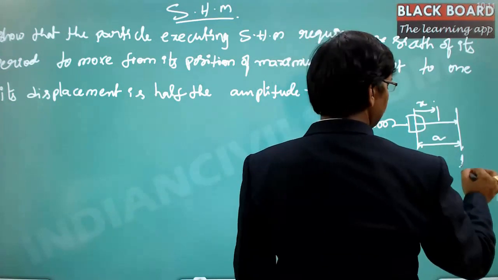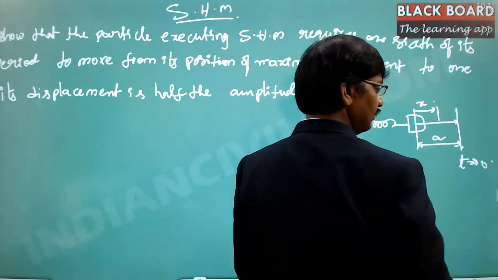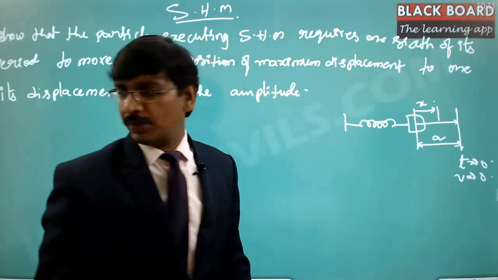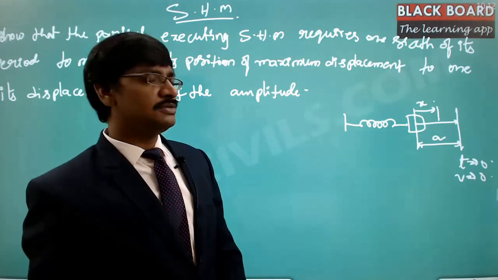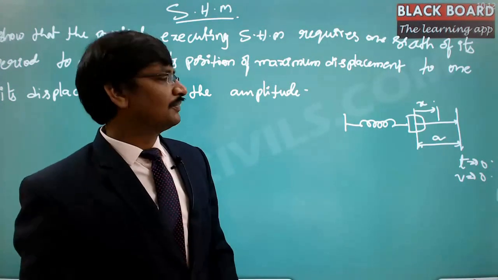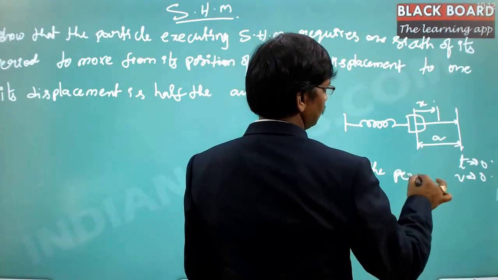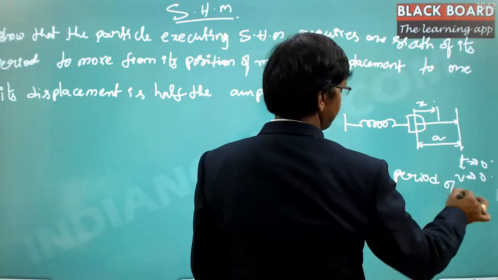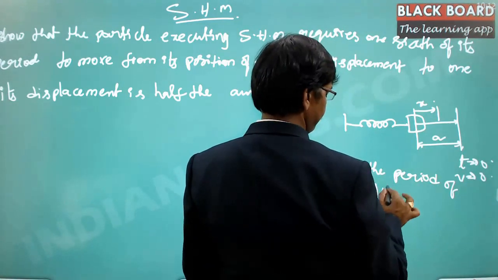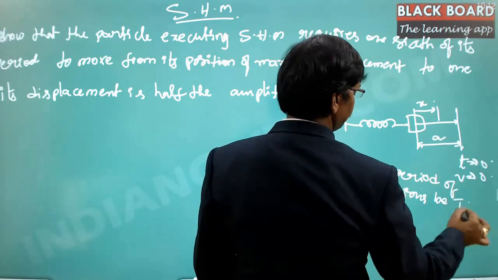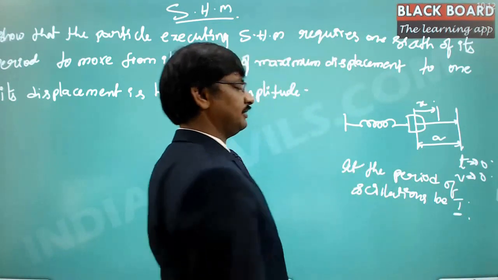Initially we started at t equal to 0, and at the extreme point the velocity is equal to 0. Now let the period of oscillation be T.